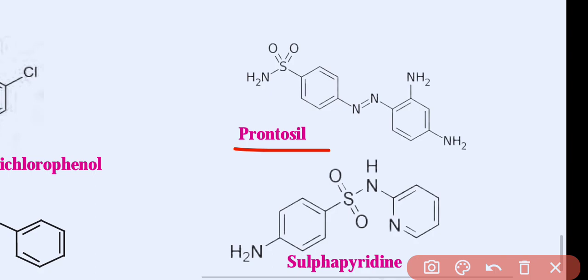Now see, Prontosil is an effective diazo antibacterial which gets converted to a simple compound, sulfanilamide, in the body.